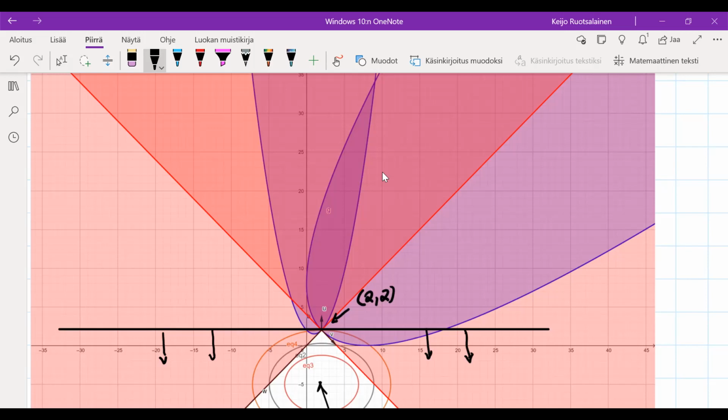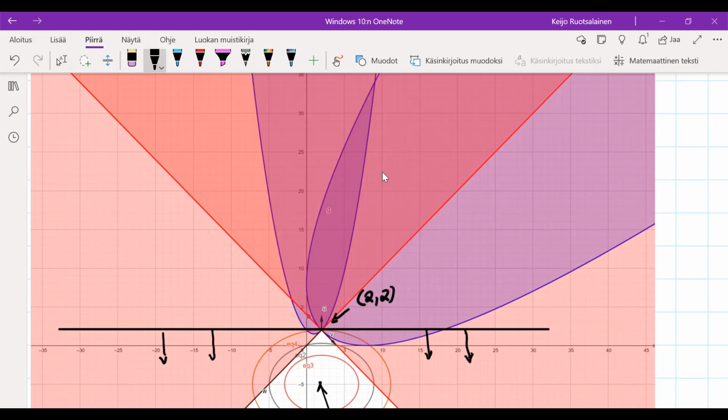So on this boundary point, my cone of feasible directions is here, and my cone of improving directions is the half space below the black line. So there are no common points.